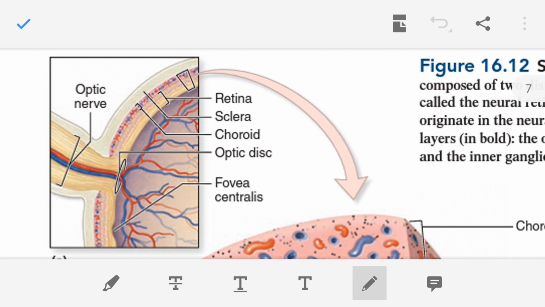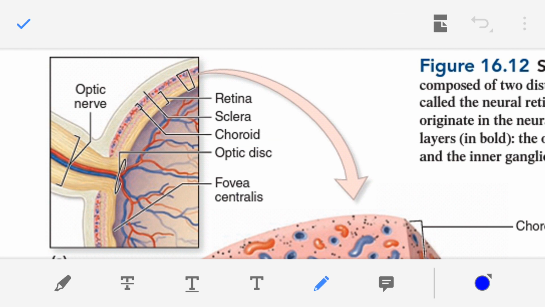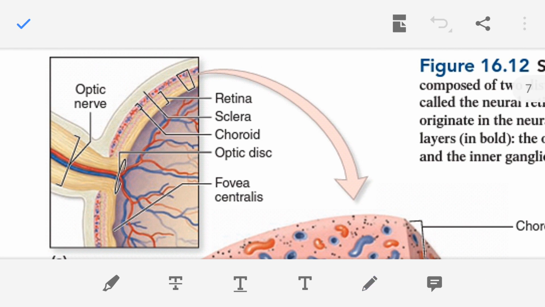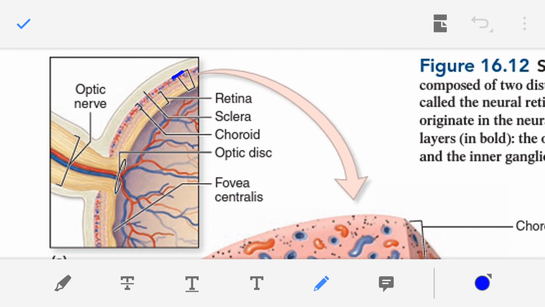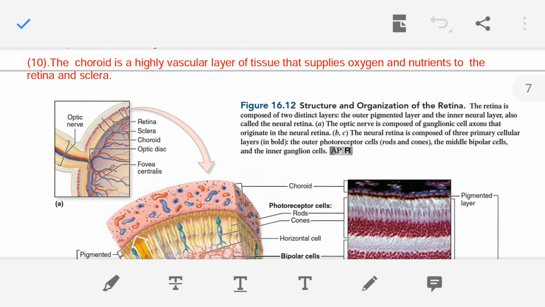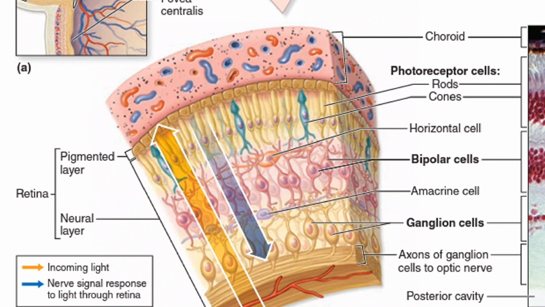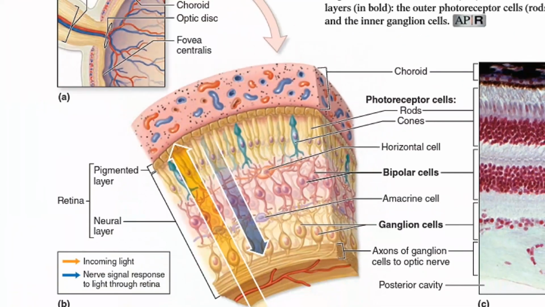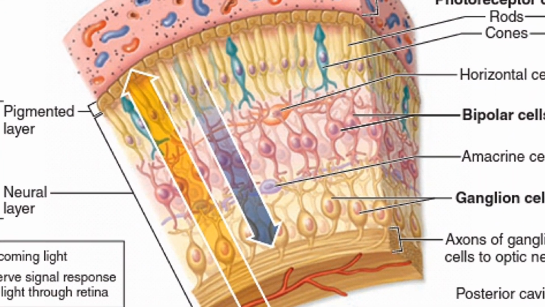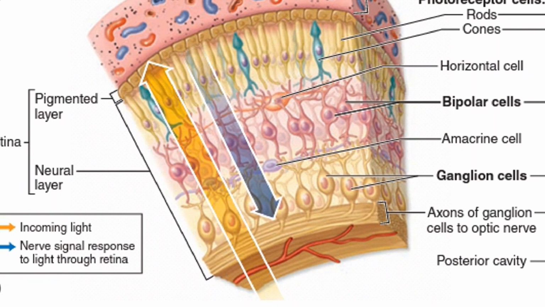We can see the choroid is present between the sclera and the retina. They have cut this portion and zoomed in to show it like this. Here you can see the choroid outside, and inside, this entire portion is the retina.